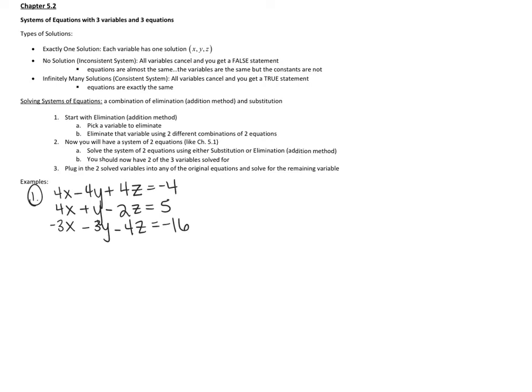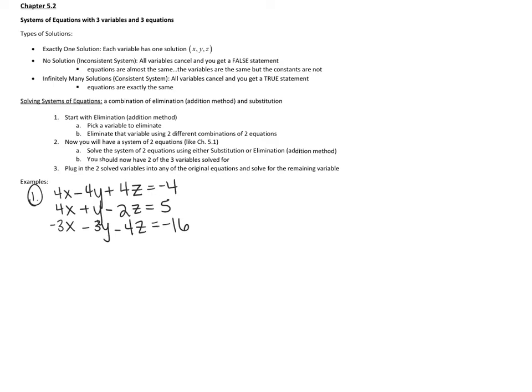Some of these equations, it might end up being that the x and the y are just as easy to eliminate, or maybe the y and the z. So there are lots of different options, and it's just up to you to determine whatever you want to do. So let's look at these equations here.